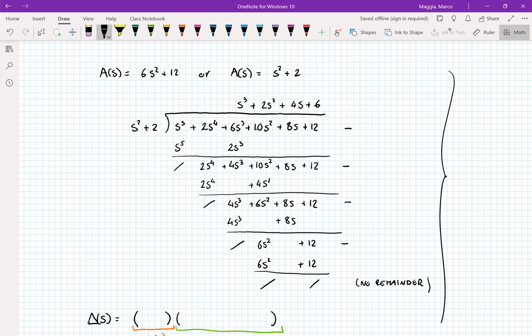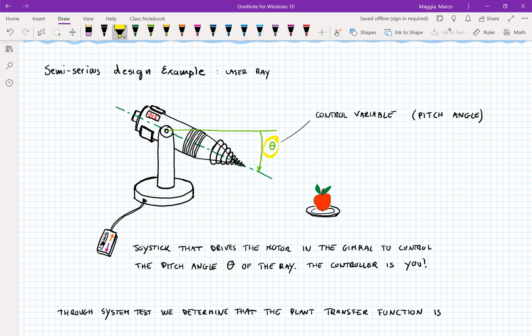So what we can do is control the pitching angle of this gun. Our control variable is going to be the pitch angle, theta. Let's say that you have a joystick that drives the motor in the gimbal to control the pitch angle of the ray, and you are the controller because you actually operate the joystick.